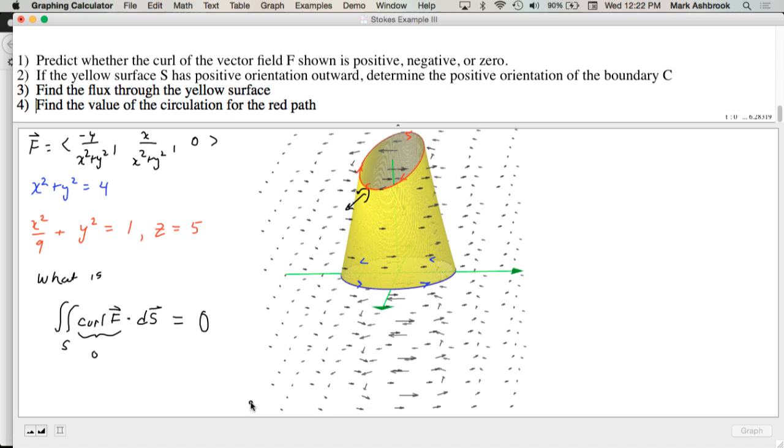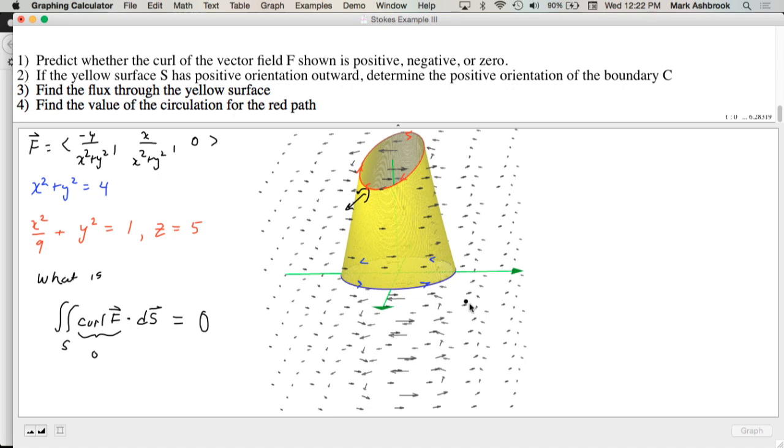Okay, so next question is I want the circulation around the red path. I want you to think about that for a second. How am I going to get the circulation around the red path? Negative circulation of the blue path.